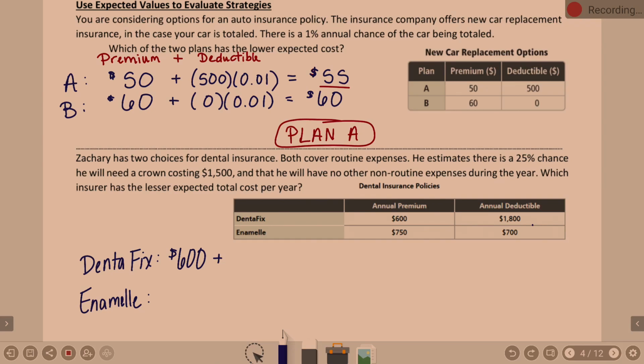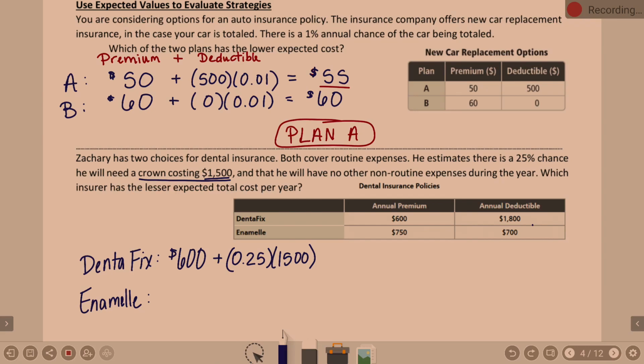Now, the deductible is he has to pay up to $1,800 of his own expenses. How much is the crown? $1,500. Is he going to pay the entire $1,800? No, his crown only costs $1,500. So this is the catch: he's going to have to pay the whole $1,500, but there's a 25% chance that he has to pay for that whole crown.